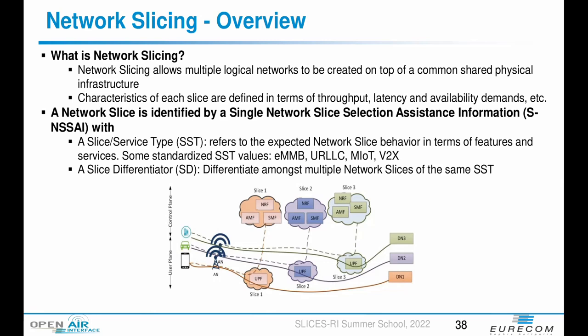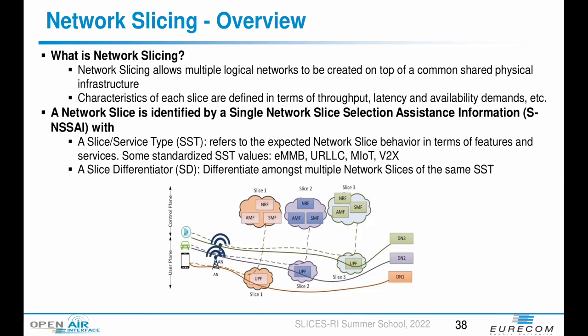According to 3GPP, the standardized values of the SST go from 0 to 127. So we have this range of SST for standardized values, and above that, from 128 to 254, for operator usage.